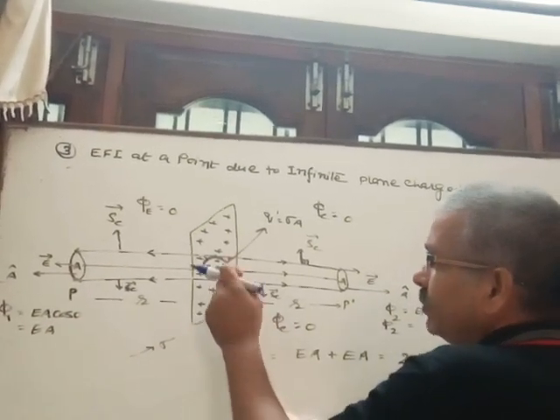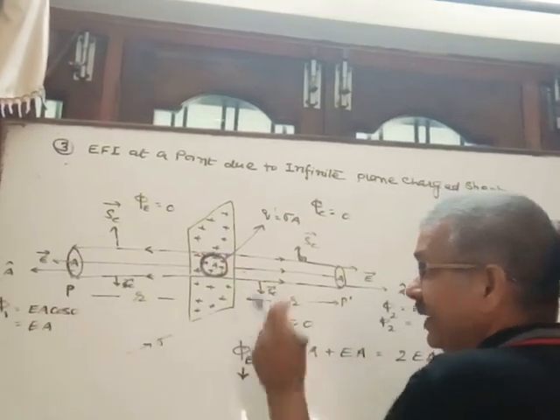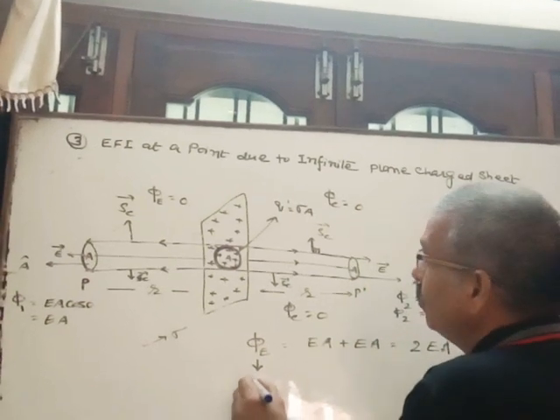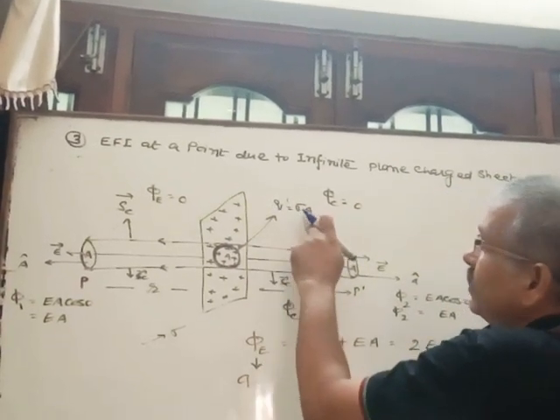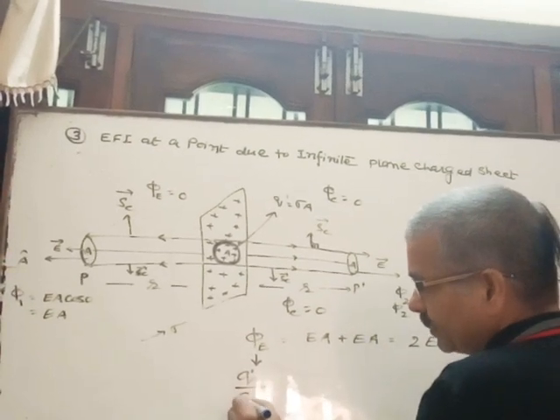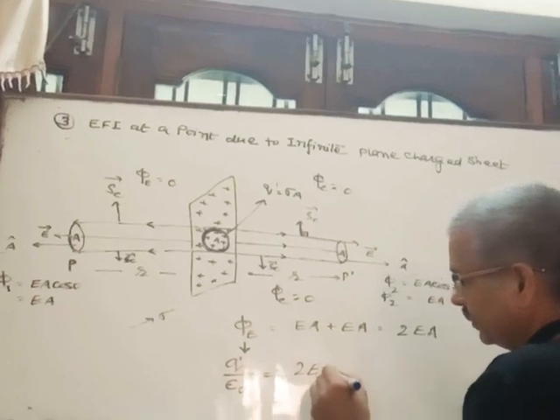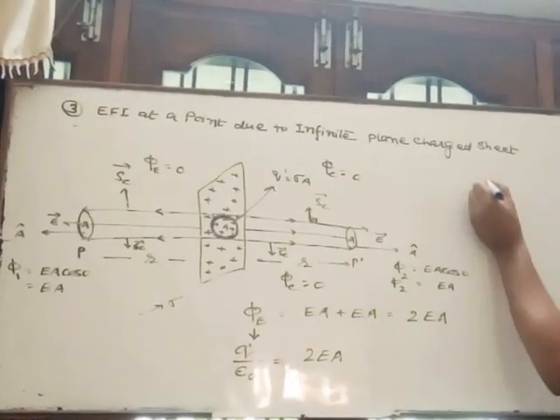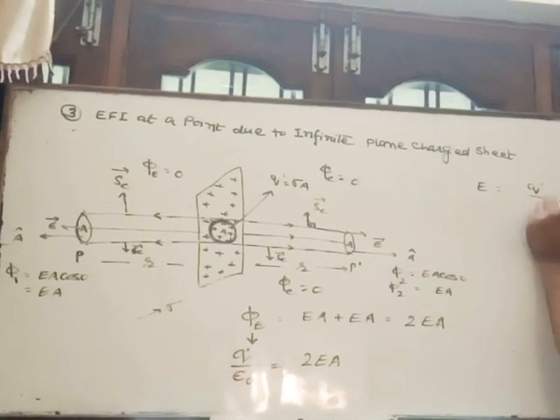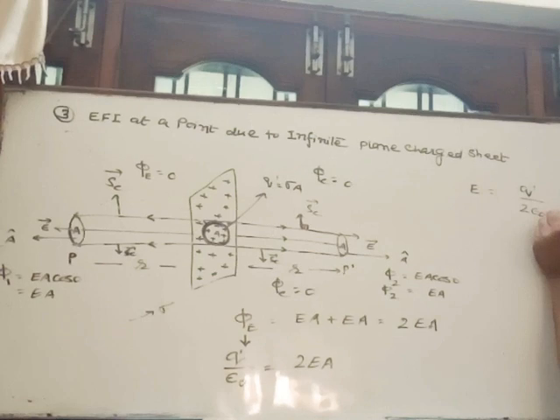The charge linked with this Gaussian surface of cross-section area A, suppose Q dash, is the surface charge density into area. So Q dash by epsilon 0 is equal to 2 E A. So the electric field intensity E is equal to Q dash by 2 epsilon 0 A.